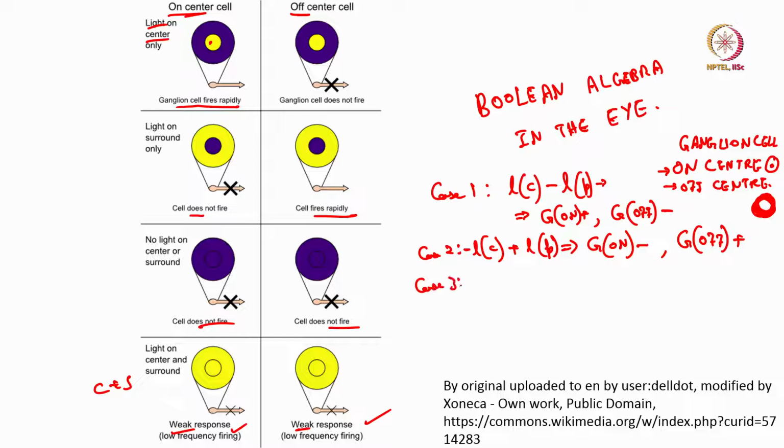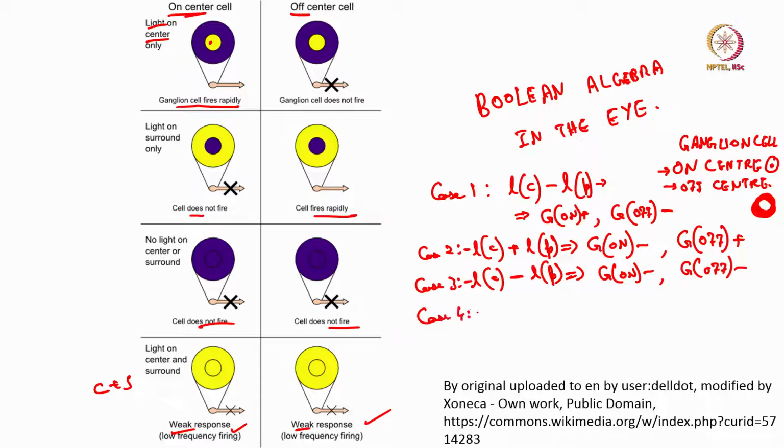Case 3, light in center is not there, light in periphery is not there, implies... I think I should work on the nomenclature a bit more. Negative comma G of negative.